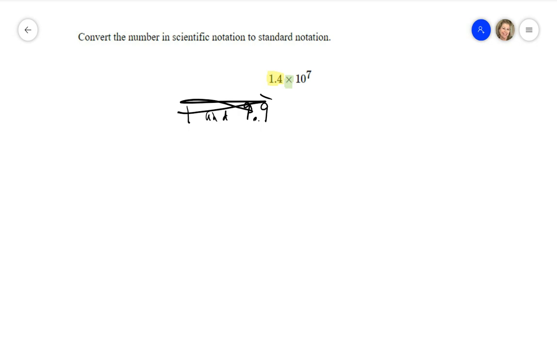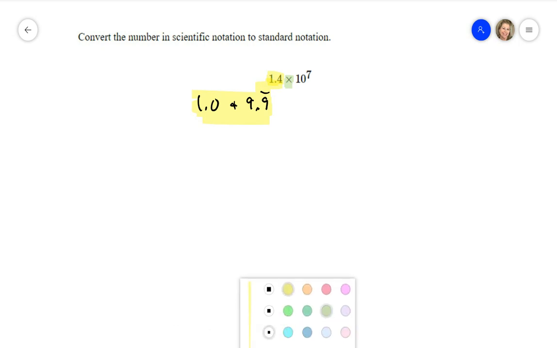So this number here has to be a number between 1.0 and 9.9 repeating. And at the other end, you're going to have some power of 10.